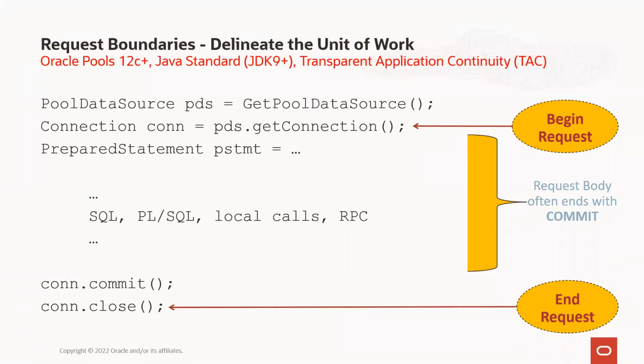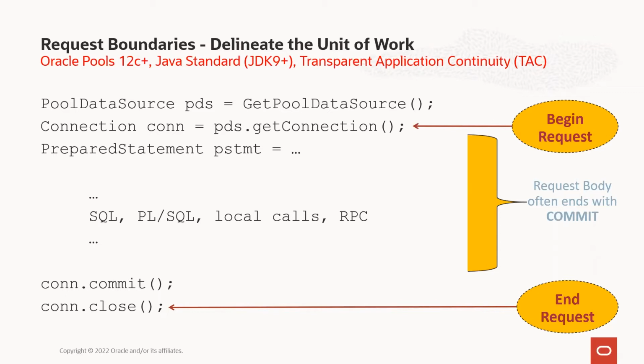Now, what we did in later releases of the database, primarily in 19c, was introduce a new way of looking at this as well. For those applications that do not use Oracle connection pools, and there are lots of those, we have a few ourselves, we have to be able to manage the same delineation of the unit of work, but more implicitly.